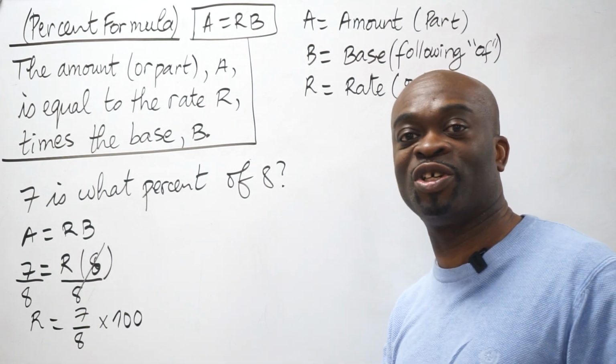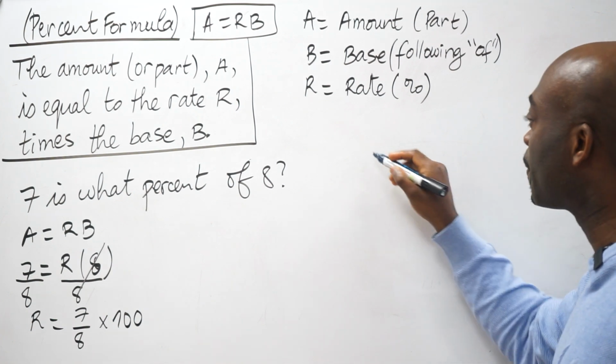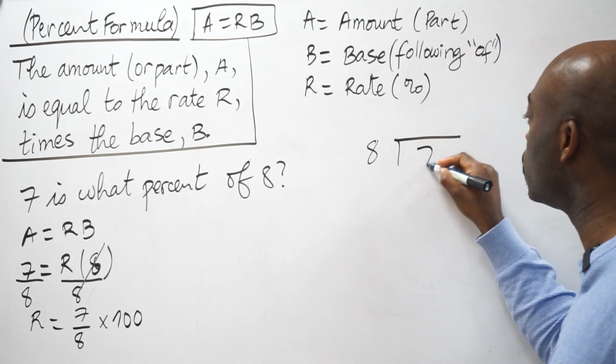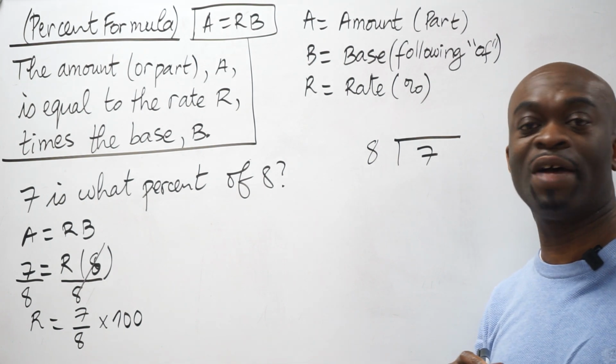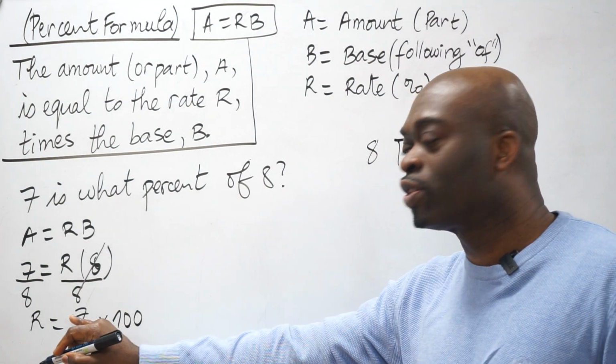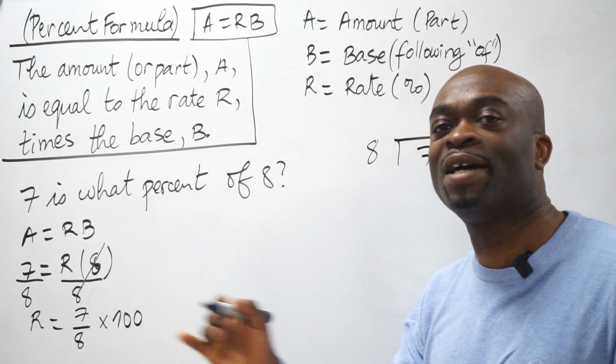Now we're going to do regular division, ladies and gentlemen. We're doing 8 divided into 7. The first thing to think about is that 8 is higher than 7, which means our answer is going to be less than 1.